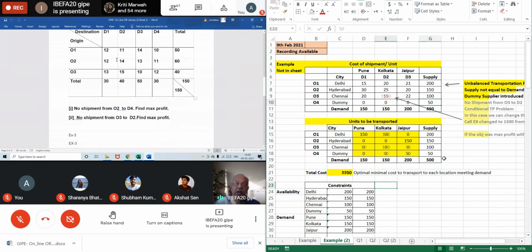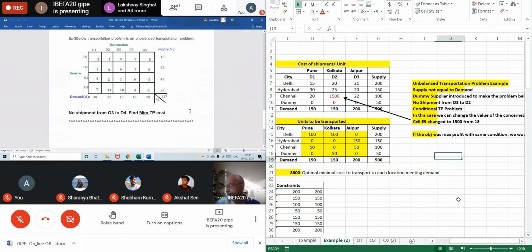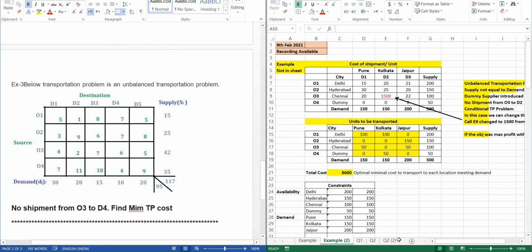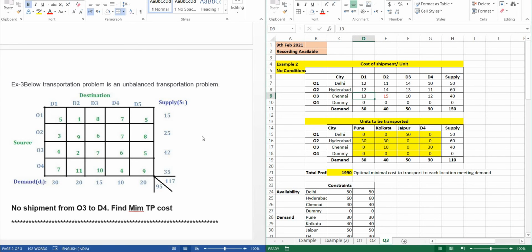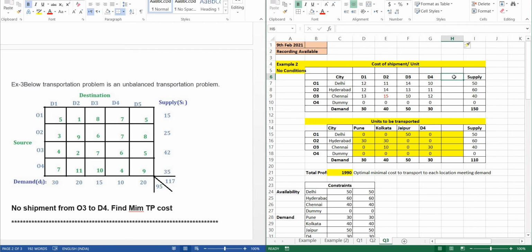Okay. Now in question 3, I have covered all. TP is unbalanced. 4 by 5 matrix. So when you introduce dummy, it becomes again 5 by 5. You can find the optimum.